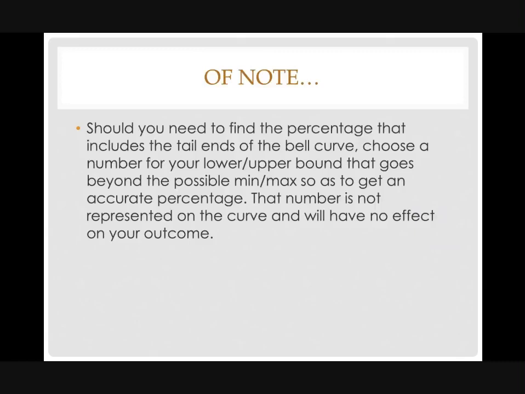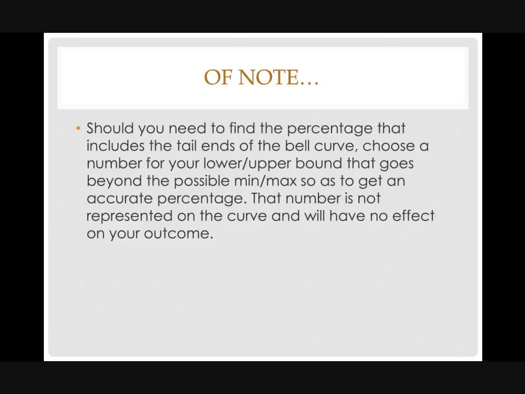So for example, if you have to find the lower bound, and you know one of the smallest numbers you can have is 300, when you're putting it into your calculator as a lower bound, just to make sure that you haven't made a calculation error and that your lowest possible number is something like 290, you may want to lowball it and say 200 as your lower bound. And the same goes with your upper.